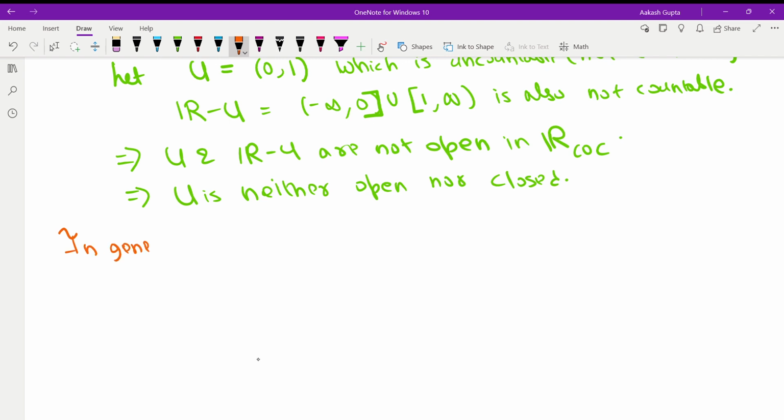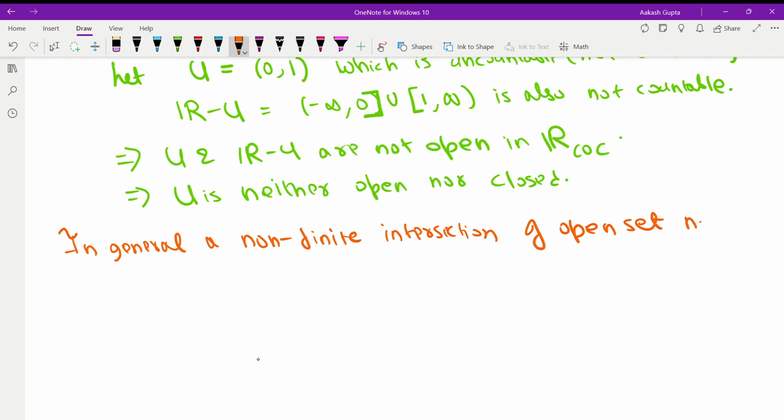So in general, a non-finite intersection of open sets need not be open.